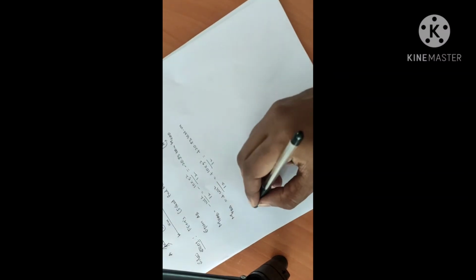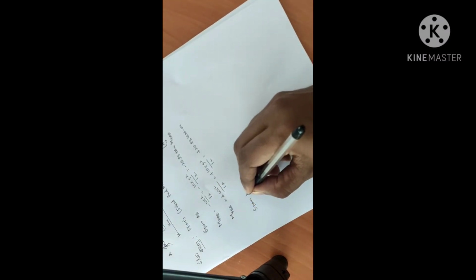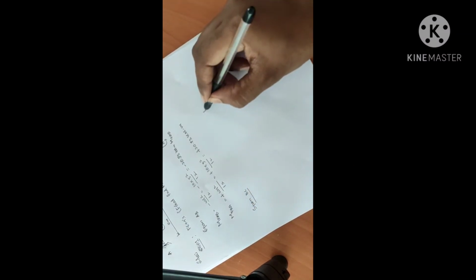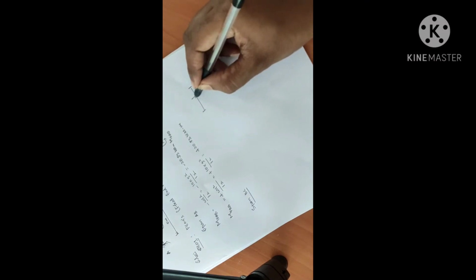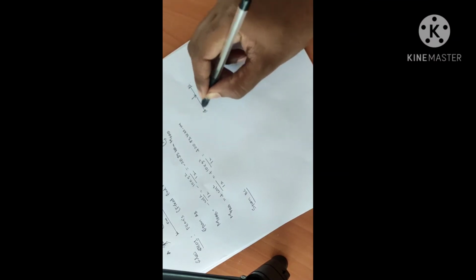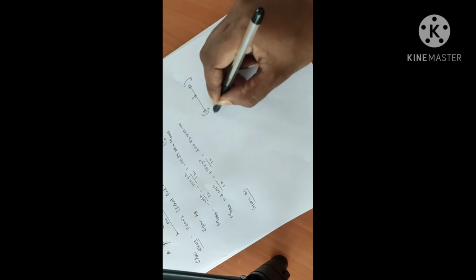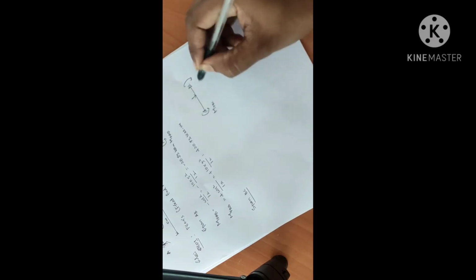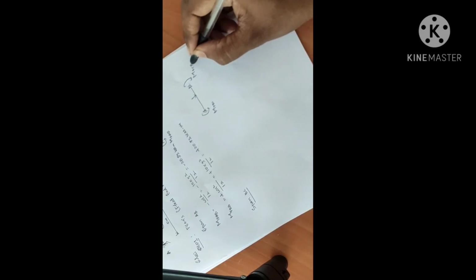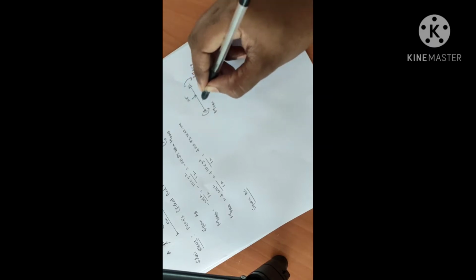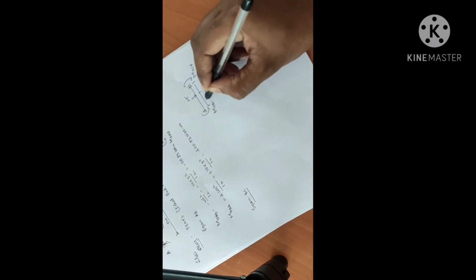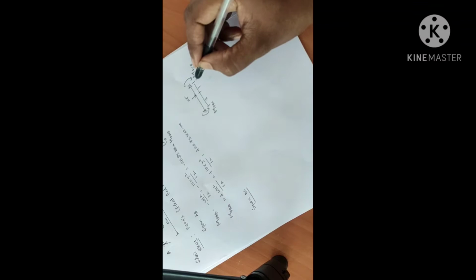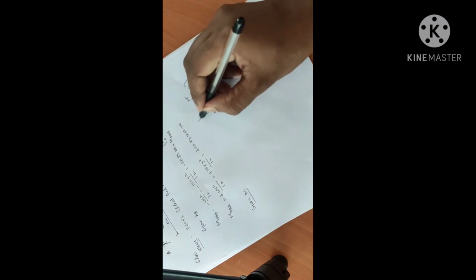Now go for the span BC. Span BC has the unsymmetric point load. So this is span BC; this will be MFBC and this will be MFCB. The load is 25, and the distances are 3 and 1 meter.